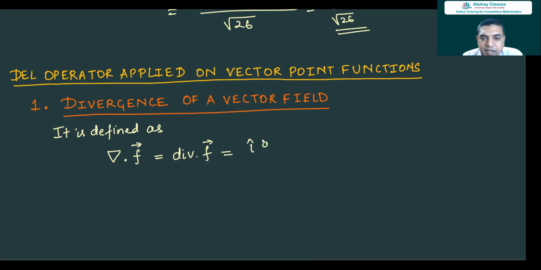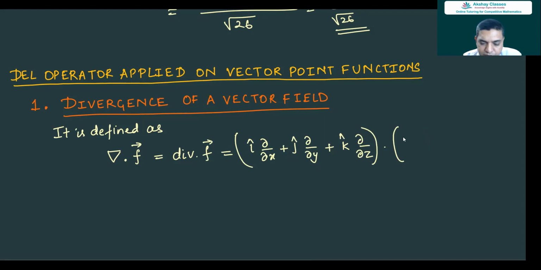It is i dou by dou x plus j dou by dou y plus k dou by dou z, dot F.